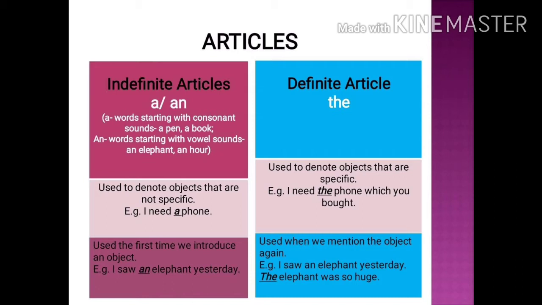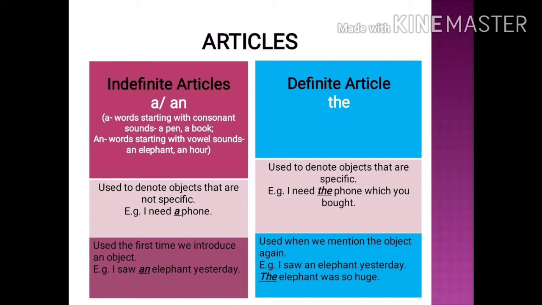There are two types of articles: indefinite articles and definite articles. The indefinite articles a and an are used with singular nouns and a is used in front of nouns starting with consonant sound. Children, you also know that an is used in front of singular nouns starting with vowel sounds. You say an elephant, an hour.